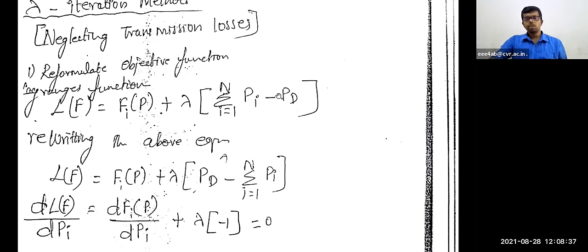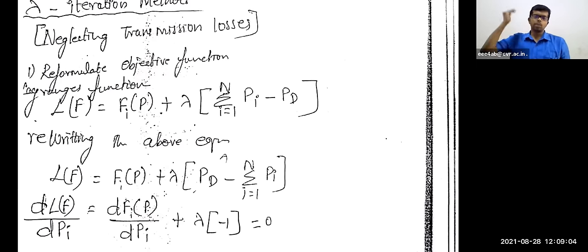So what I'm doing is rewriting this equation as PD minus PA. Either you can take PD minus PA or PA minus PD, but generally demand is more, because we don't know. In the meanwhile, we'll switch on some other loads immediately.